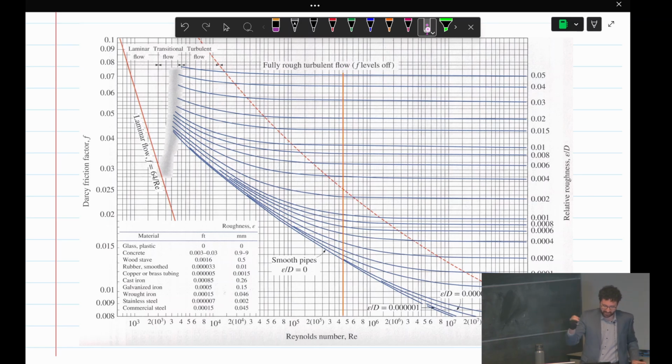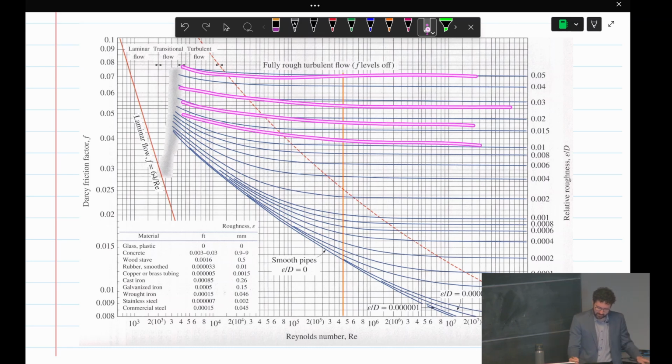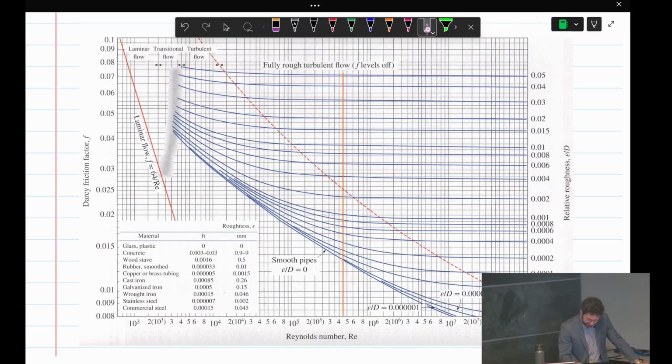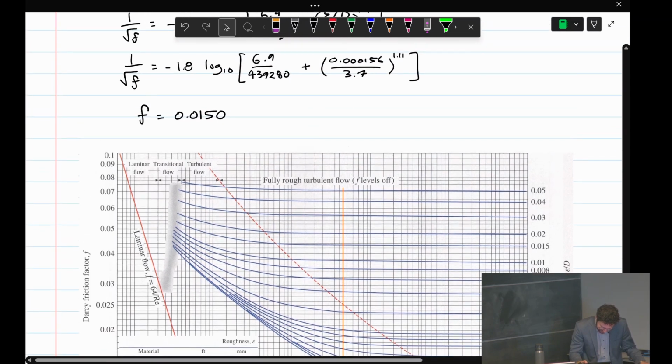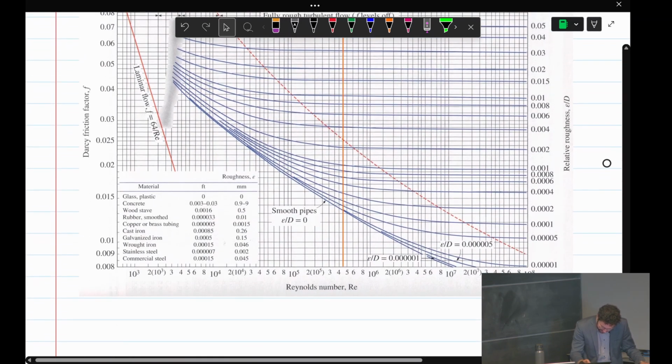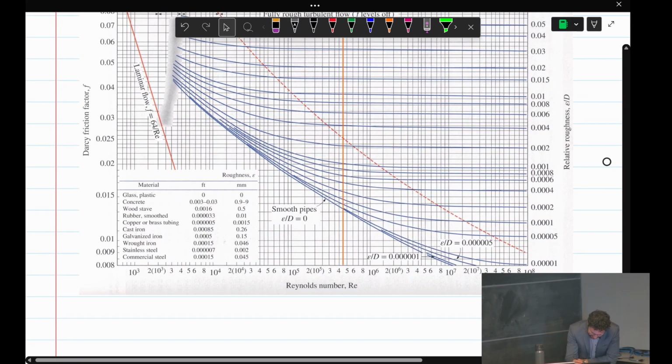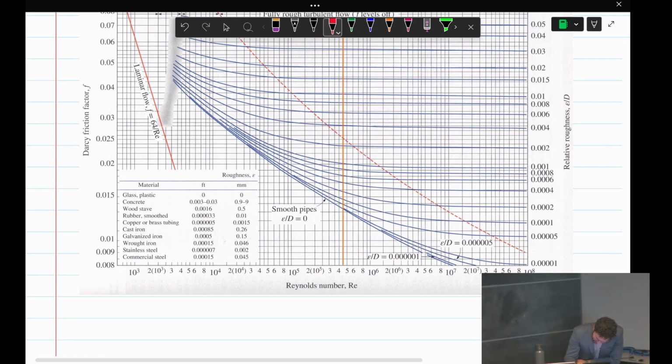Now these blue lines that go like this, these are lines for different relative roughness values. So what you do is you go to your right-hand side axis, you find your relative roughness, and then you follow that back to hit your Reynolds number line. So our relative roughness was 0.000156, that would be like here-ish.